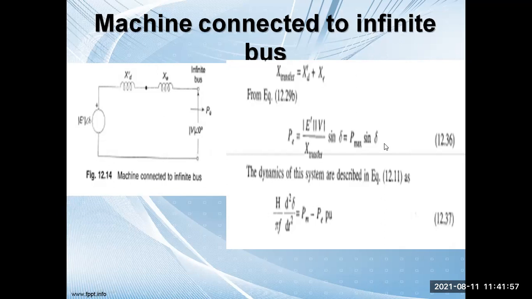Now we will write the swing equation. So the swing equation, what is known to us, is H by pi F into d2 delta by dt square equals Pm minus P. Are you familiar with this equation? First tell me. Do you know this equation?